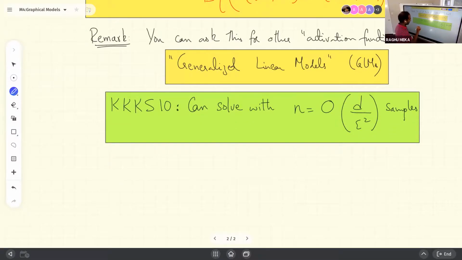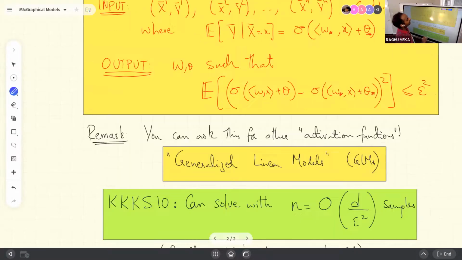Okay, so recall the Wj are... okay, so we had an assumption that the weights of this unknown W star are bounded, right?